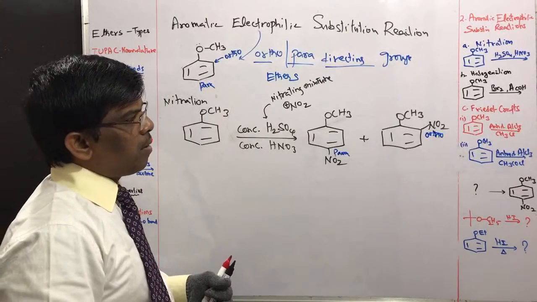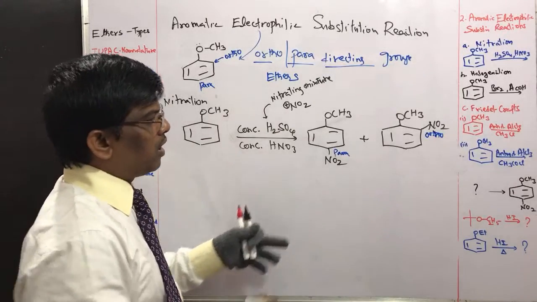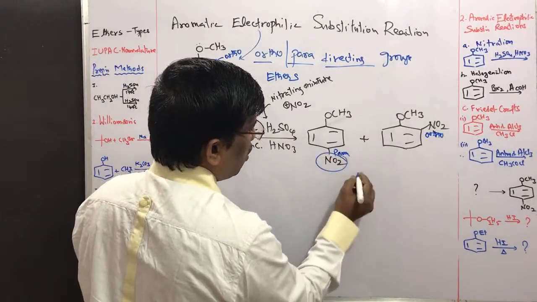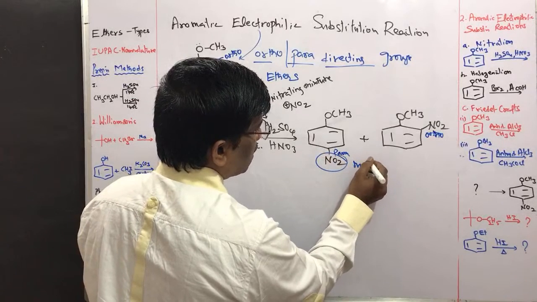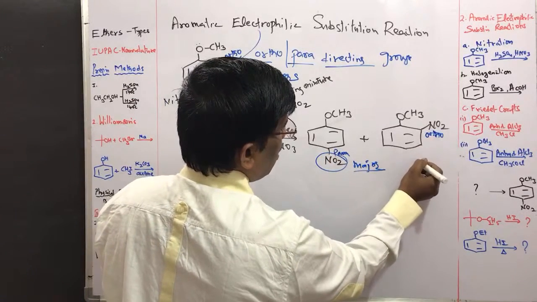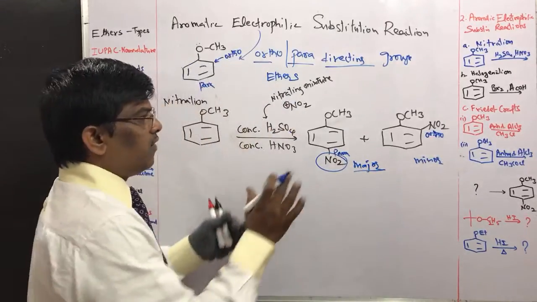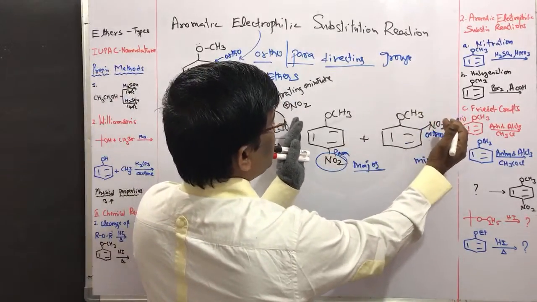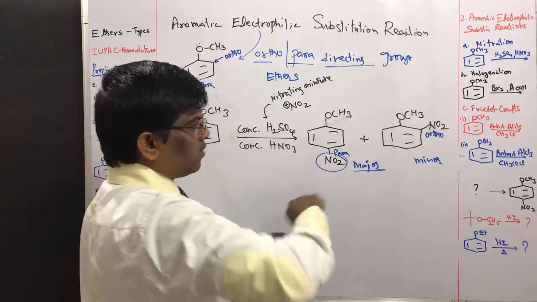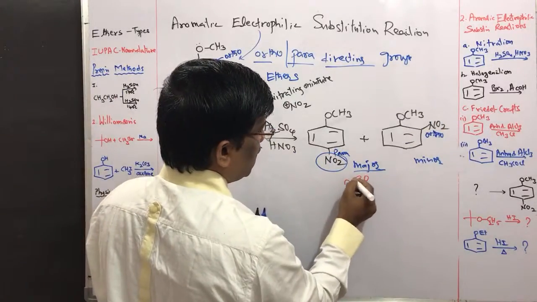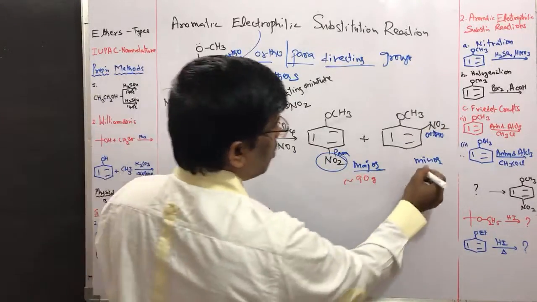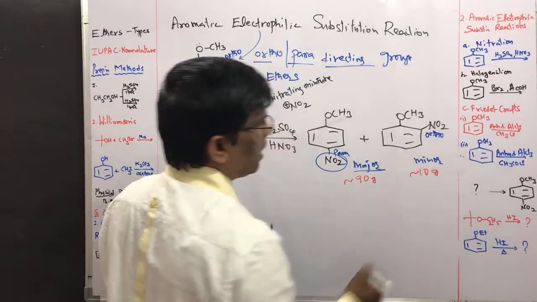Which is going to be the major product? The para position product is the major product, whereas ortho is the minor product. Means if I get 100 grams of this mixture of products, it is going to be about 90 grams of para and about 10 grams of ortho.